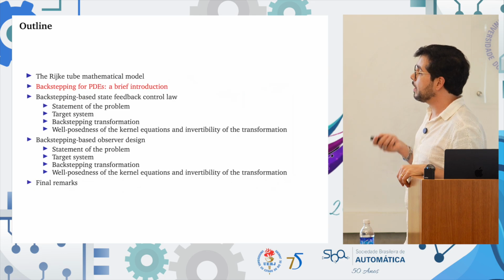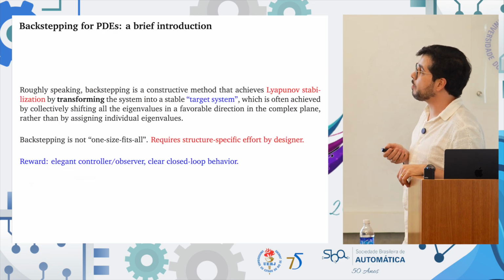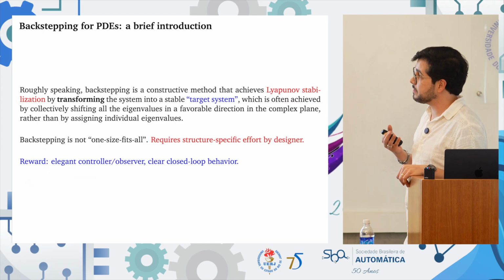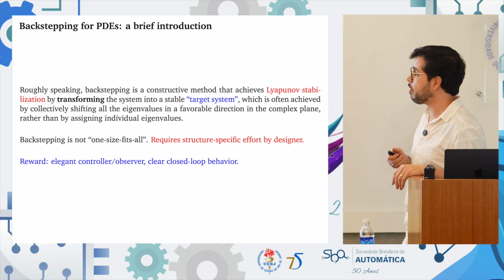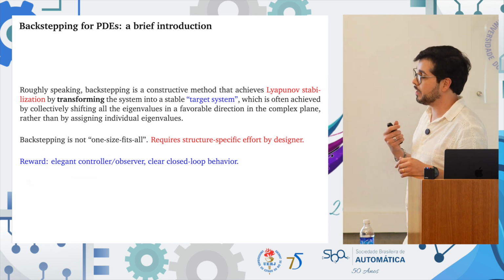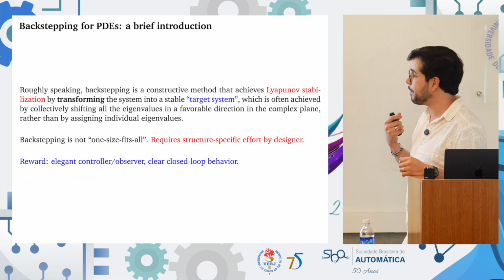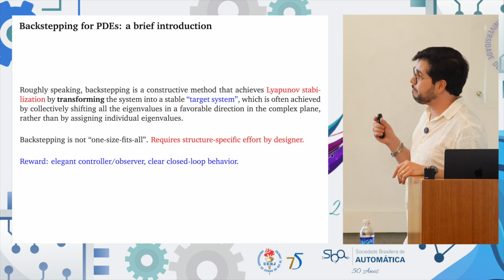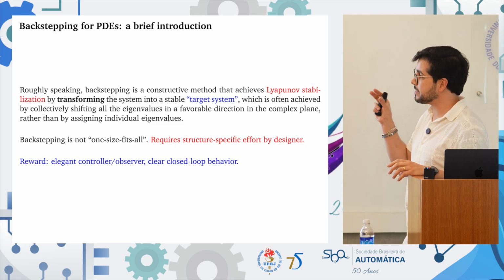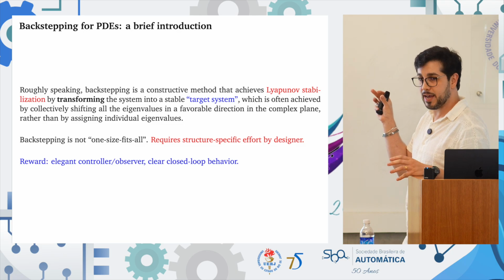Okay, so how did we solve this problem? We use the backstepping method for partial differential equations. The backstepping method is what we call a constructive method to design control laws that achieve Lyapunov stability. So instead of doing eigenvalue placement, as we do in classic control, here we propose a target system, a desired closed loop system we want to get.